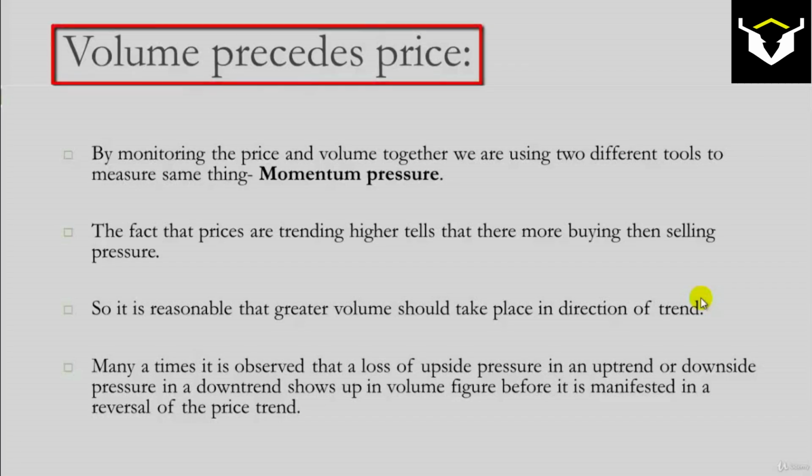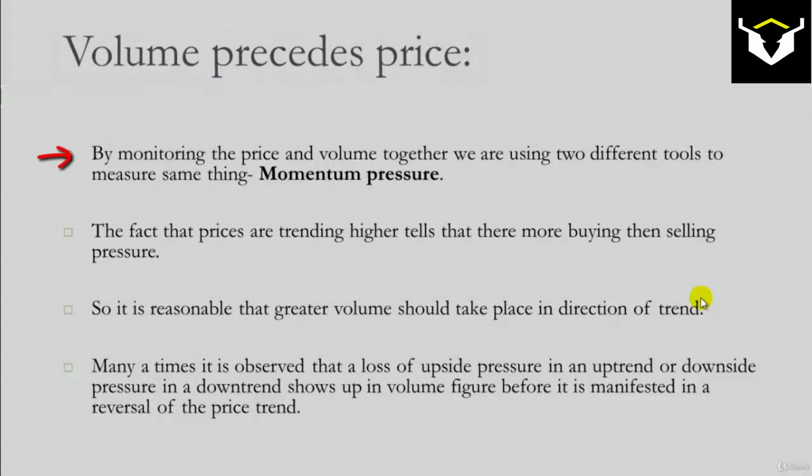Volume precedes price. By monitoring price and volume together, we are using two different tools to measure the same thing: momentum pressure. The fact that prices are trending higher tells us there's more buying than selling pressure.